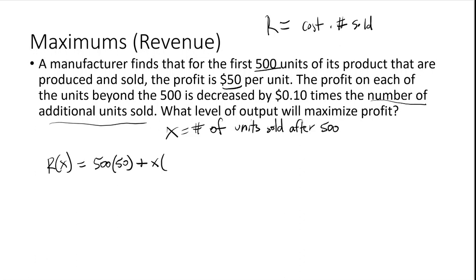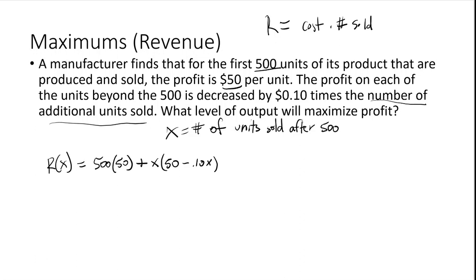Each time they increase the number of units, they'll lose 10 cents. So they started with 50. They're usually making 50 per unit, but each time they're going to lose 0.1x, right? 10 cents. That's what this is saying.